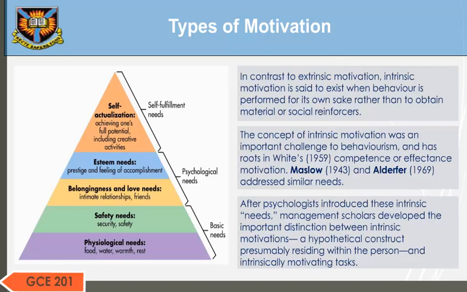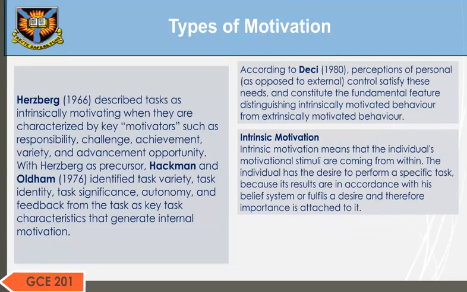After psychologists introduced these intrinsic needs, management scholars developed the important distinction between intrinsic motivation, a hypothetical construct presumably residing within the person, and intrinsically motivating tasks. Herzberg 1966 described tasks as intrinsically motivating when they are characterized by key motivators such as responsibility, challenge, achievement, variety, and advancement opportunity.